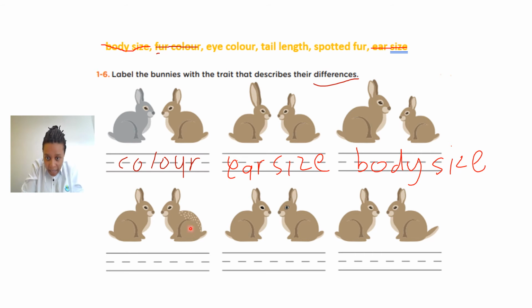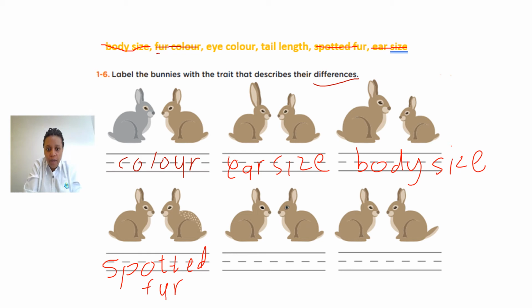Is it the eye color? Let's look. The eyes look the same. Is it the tail length? No, the tails look the same. Is it spotted fur? Yes, it's spotted fur. Okay, so that is the difference.